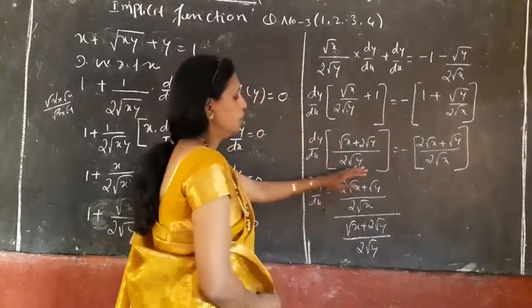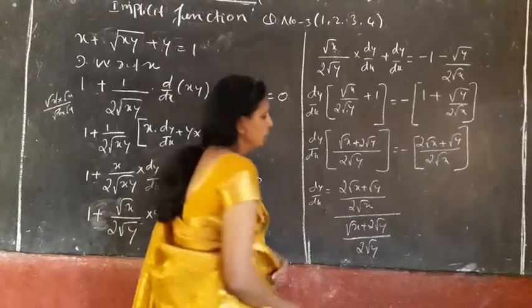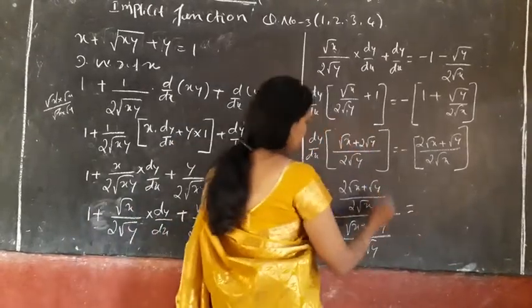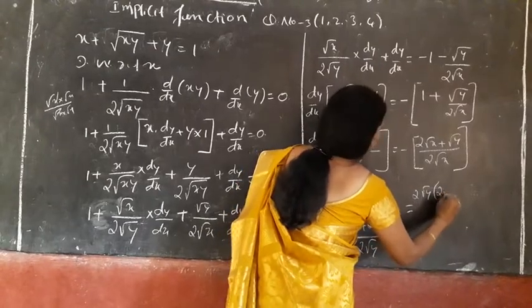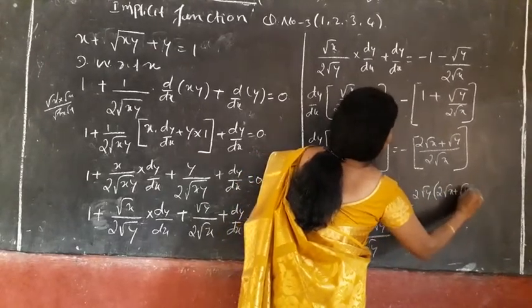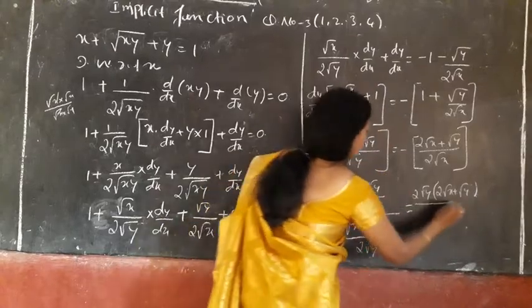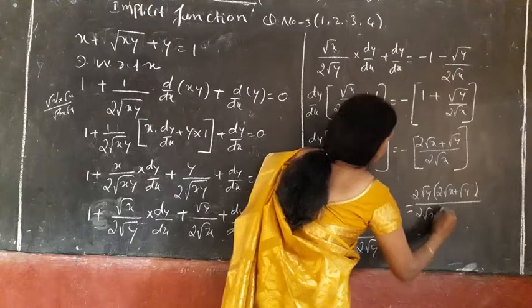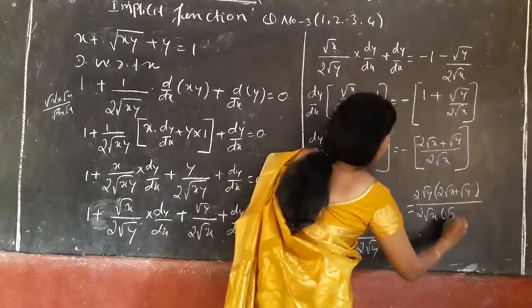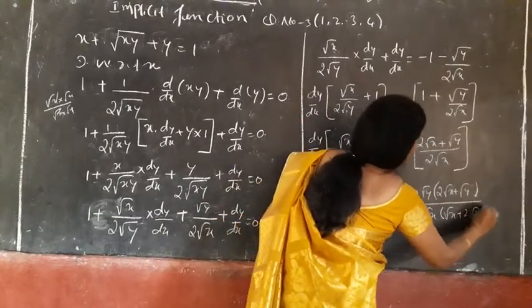Now this is of the form a by b divided by c by d. Therefore we can write this as 2 root y into the bracket 2 root x plus root y, whole divided by 2 root x into the bracket root x plus 2 root y.